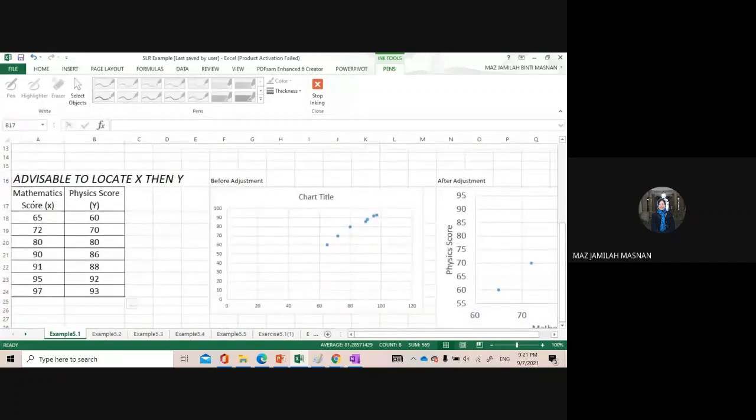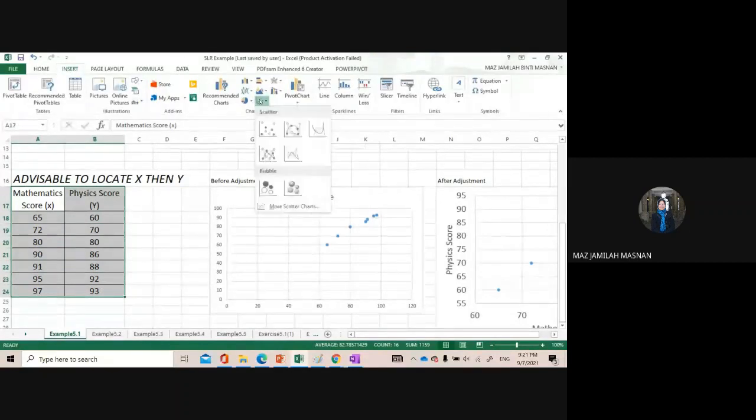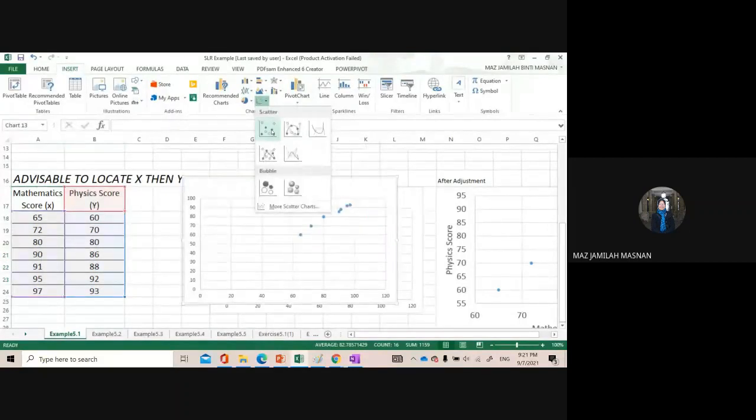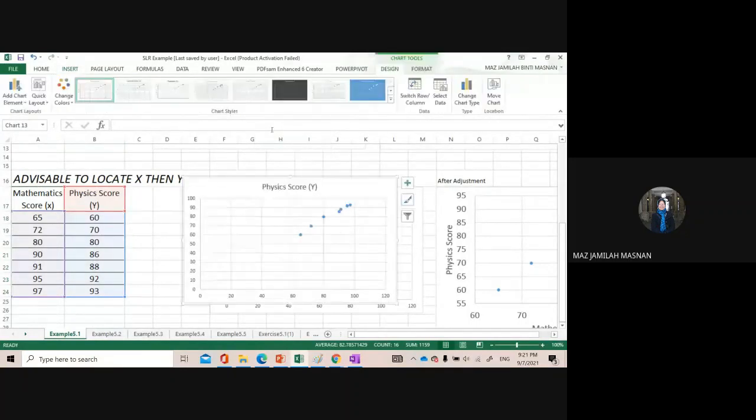I will start highlighting my data, go to insert, choose scatter. What happens if you choose scatter? It will give you this chart.